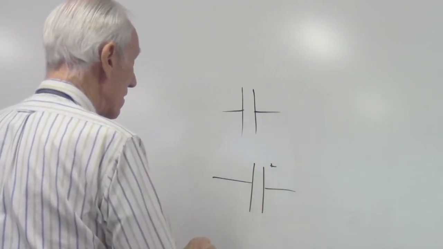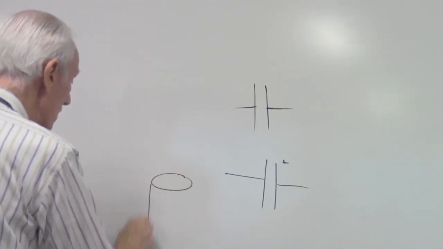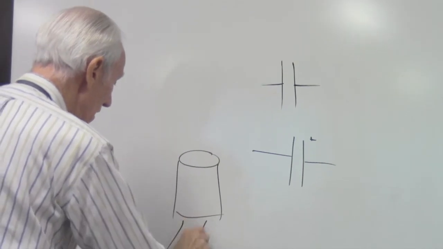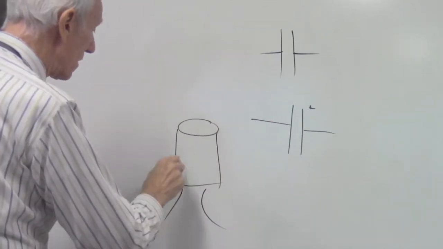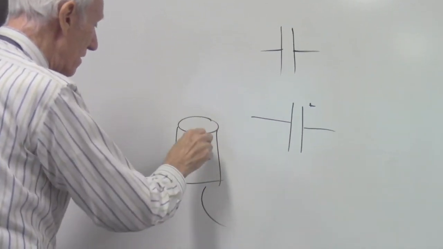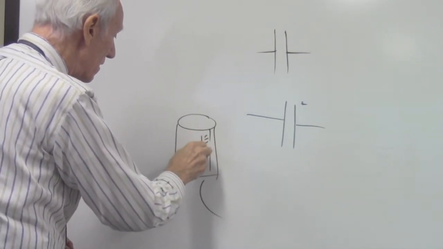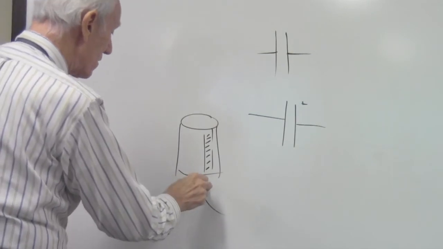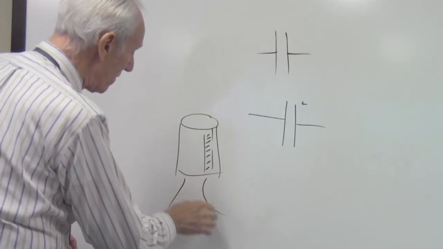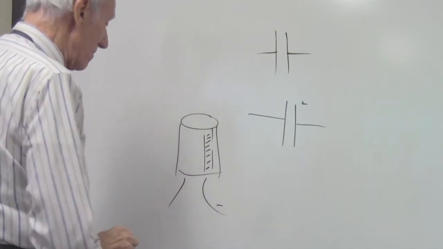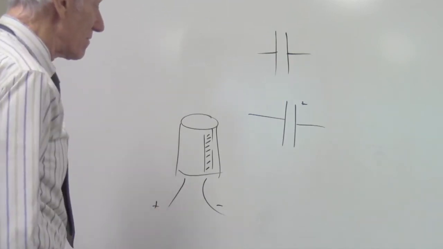So the capacitors are little cylindrical capacitors like this with leads coming out, and you'll see on this cylindrical surface a bright band, which is just above this lead, which is the negative lead, and this therefore is the positive lead.